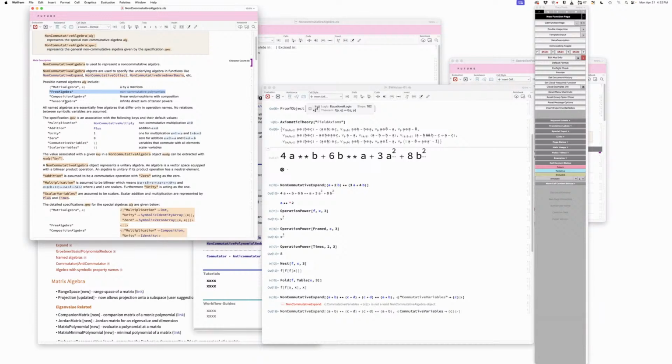No, matrix algebra would use dot. Composition algebra will use composition, and tensor algebra will use tensor products, and that's the whole difference. And matrix algebra will have a symbolic identity matrix for the identity, and a zero matrix for zero.